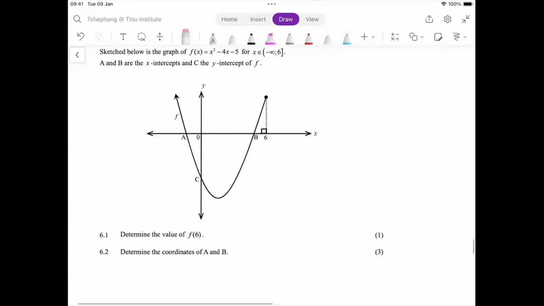I'm going to let you guys attempt that easy question. Okay, I'll go back to the domain, but we're quickly looking at 6.1 before I go back to that. Give you guys 10 seconds to just find the value of f of 6. The equation f of x is given there, but you want f of 6, not f of x. Quickly calculate that. You can rely on your calculator for that.